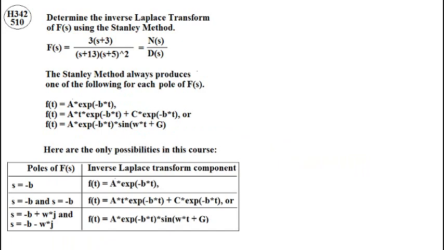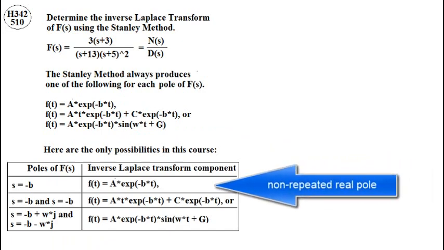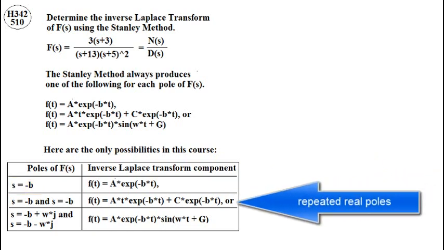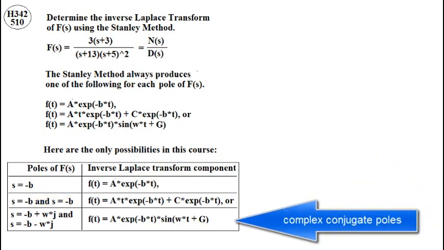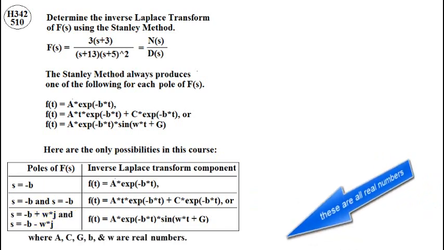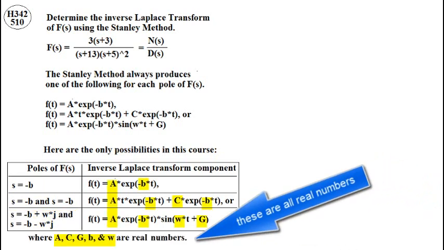Here are the only possibilities in this course. There are three time domain functions: based on non-repeating real poles, based on repeating real poles, and based on complex conjugate poles. These are all real numbers.